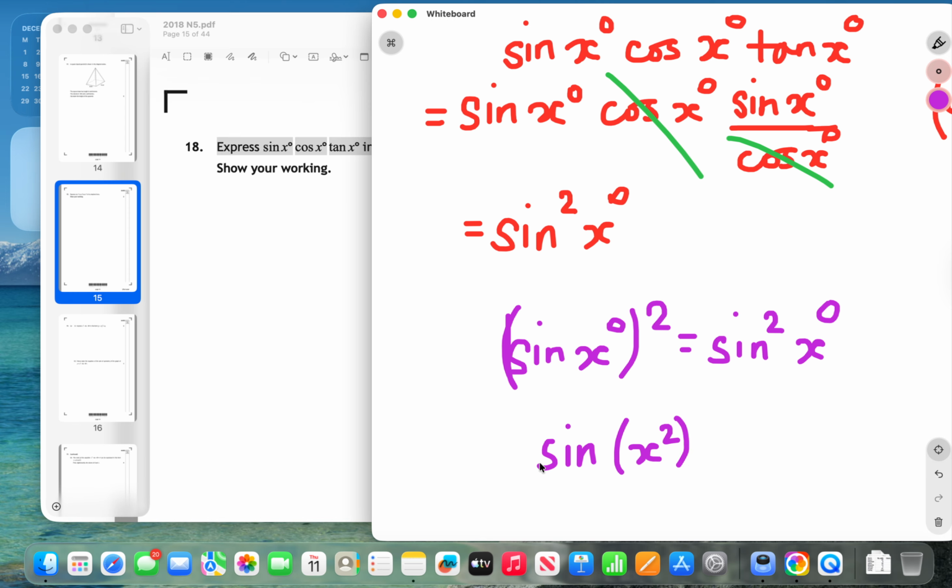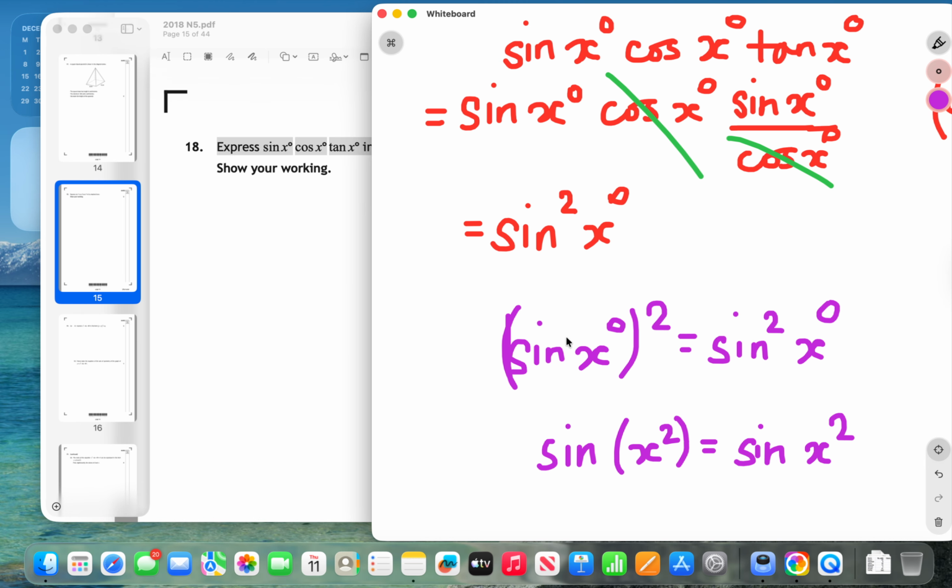Now that is something totally different, because this equals, if you put the sine of x squared but you put the brackets around the x squared, it's then equal to this. The idea with the first one is that's the correct one for the answer.